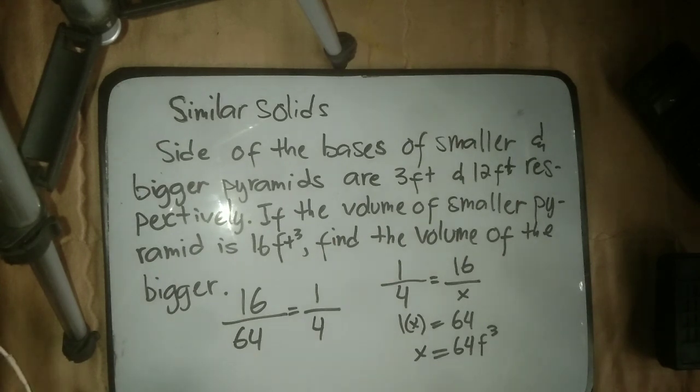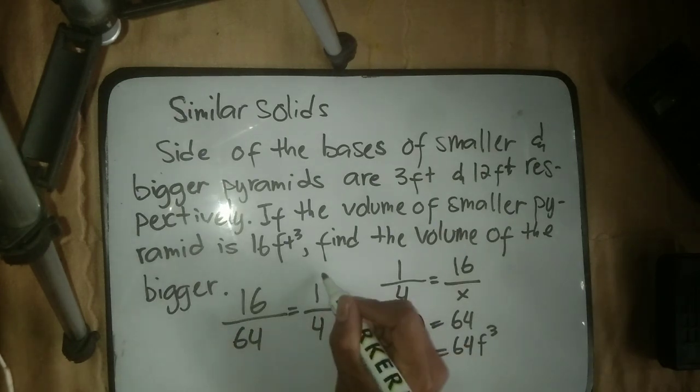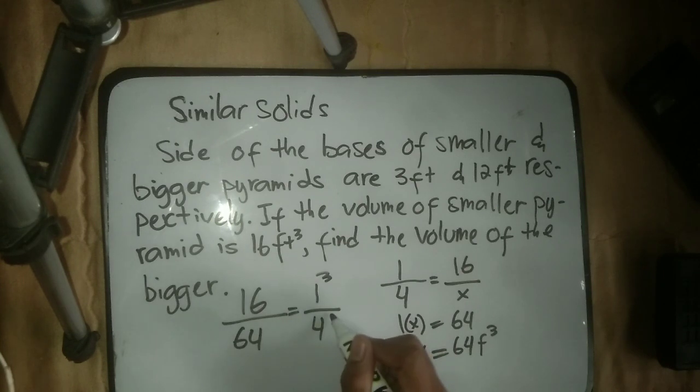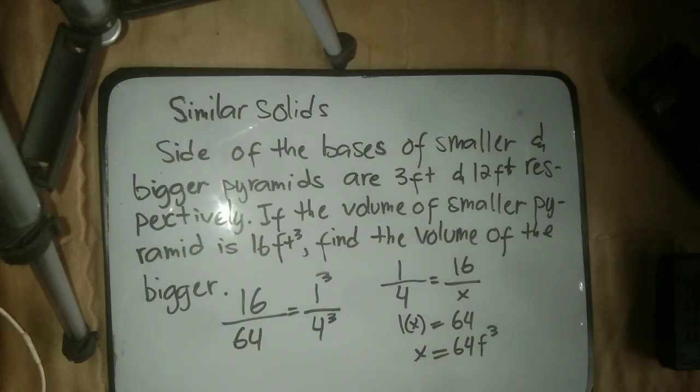Now, to understand it very well, there is a pattern that makes it easier to understand. Since we are finding the volume, the ratio of the volume of the smaller and bigger, we just need to raise the simplified ratio, 1 over 4, to the power of three.